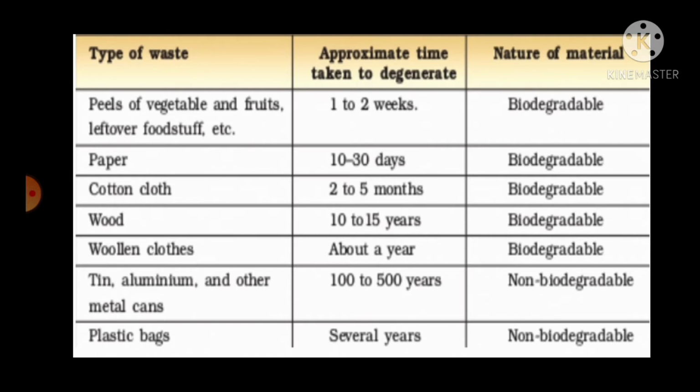Woolen clothes take about a year to decompose, therefore they are also considered biodegradable. Tin, aluminium and other metal cans take about 100 to 500 years to decompose, therefore they are considered non-biodegradable materials.